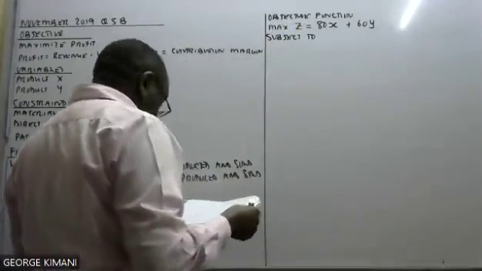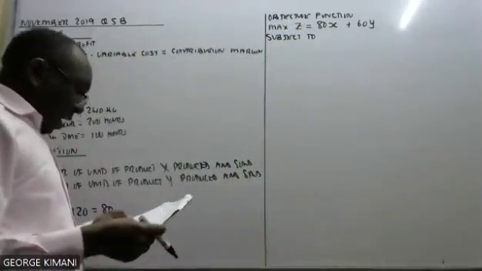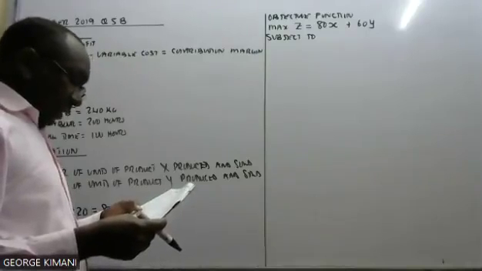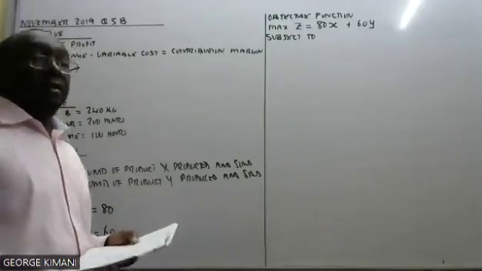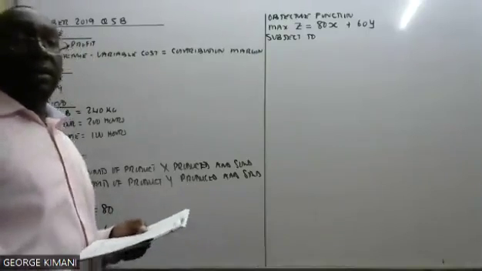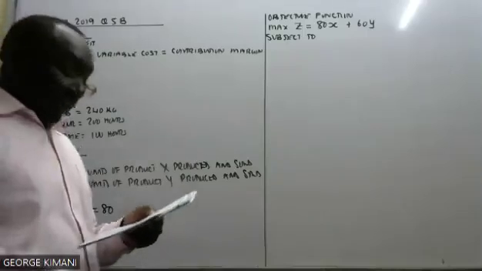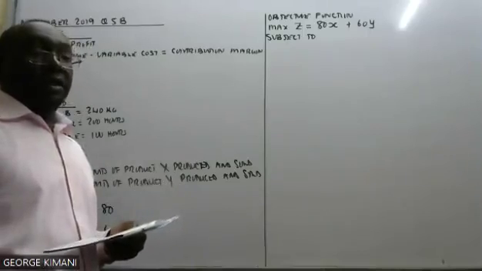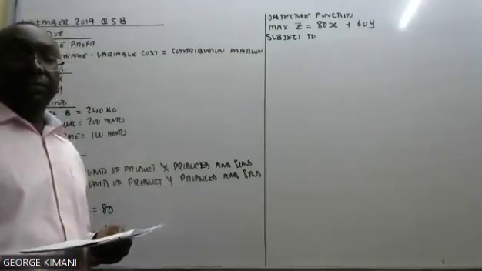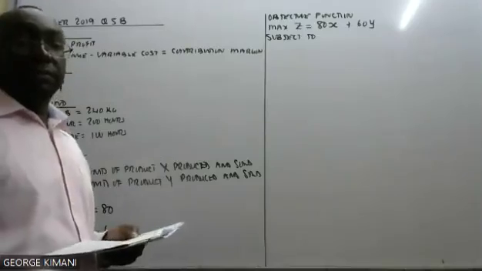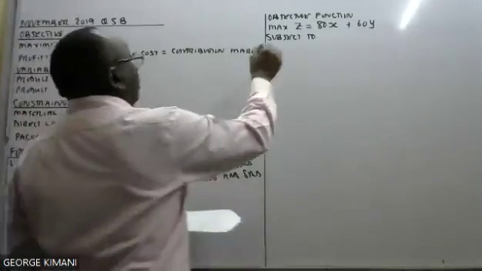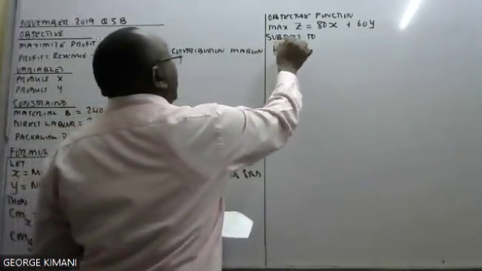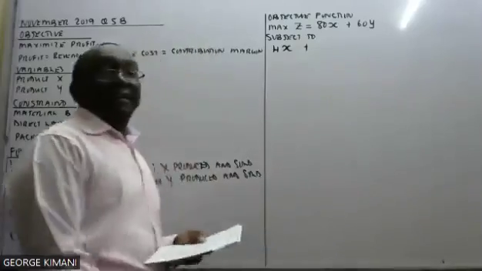Let's go to where you can see material. You see 1 kg of material is sold at how much? 20. And product X has a material cost of 80, can you see that? So 1 unit of X requires how many kilos of materials? 80 divided by 20 is 4, so 4x.